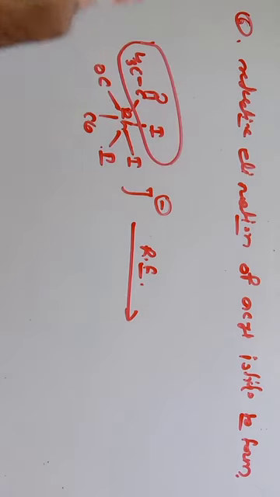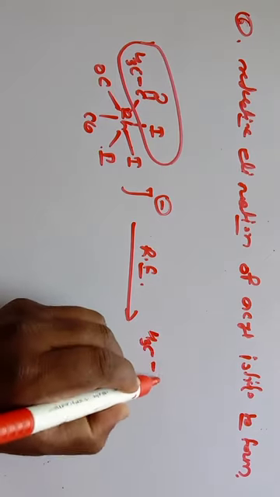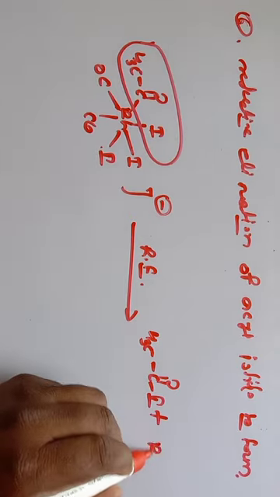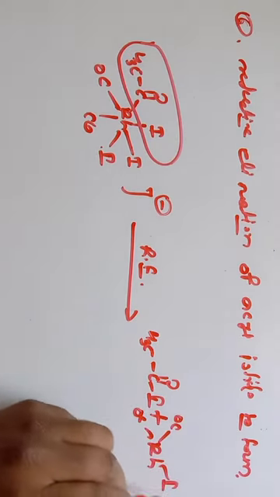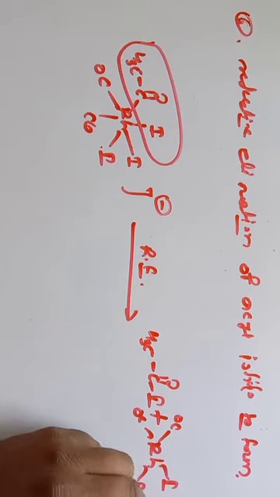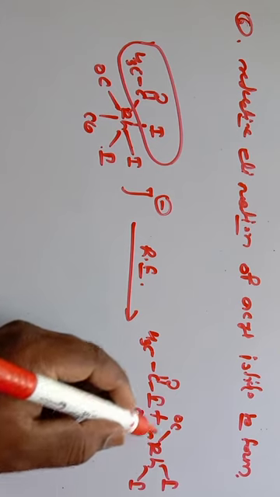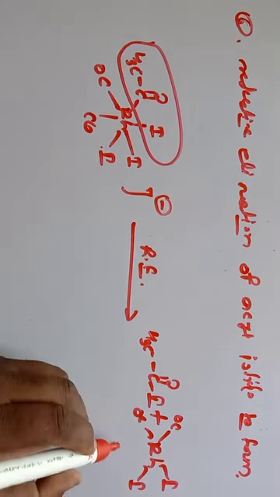So this undergoes reductive elimination to give CH3 C double bond O I, plus here you get Rh, CO, CO, iodine, iodine, with a negative charge. Again, 9 plus 9, 10, 11, 11 plus 4, 15, and it is a 16 electron species.